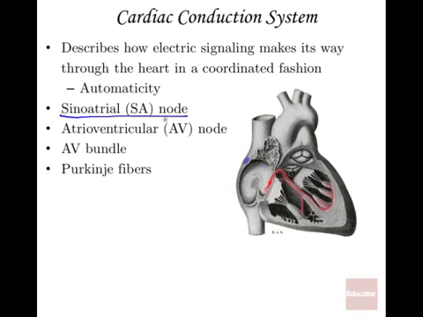This sinoatrial node is extremely important because this is the natural pacemaker of your heart. If you've ever heard of somebody having a pacemaker, that's an artificial pacemaker where we've attached an electrical device to the heart that helps initiate the heartbeat in a proper way. So if somebody is having some trouble with their SA node working naturally, you then attach a pacemaker to it to keep it in check. So this is the natural pacemaker that we are born with.